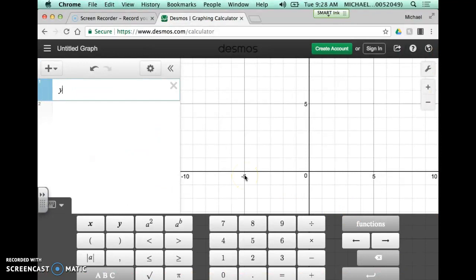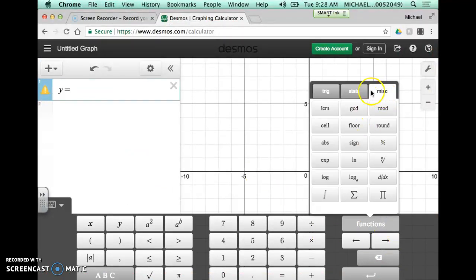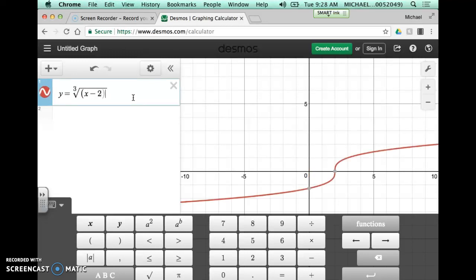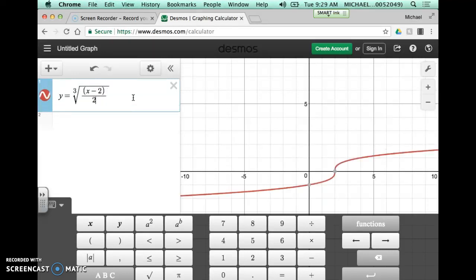So I'm going to type y equals, and then I'm going to go over to the functions option and hit the miscellaneous tab, and this option here, n with a radical. Up there, I'm going to press 3 and then type in the function. I'm going to put parentheses x minus 2 so it knows that it's grouped. Close the parentheses and then divide that by 2.